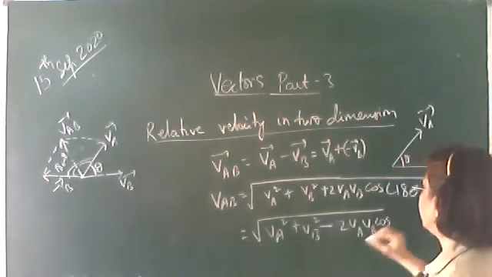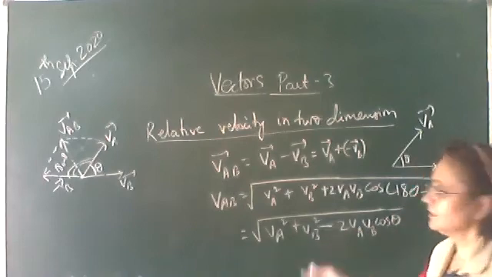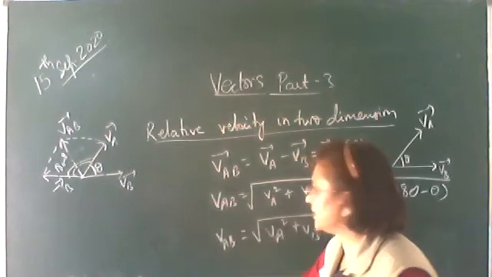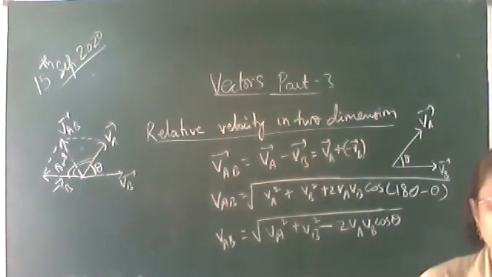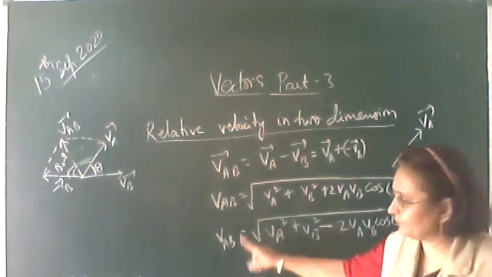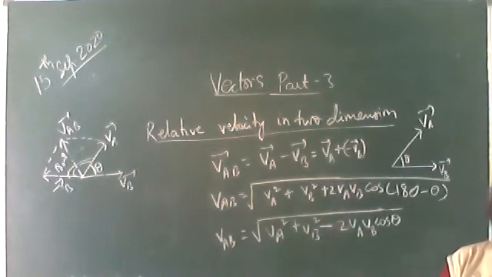This is the magnitude of the relative velocity of A with respect to B. VAB is equal to under root VA square plus VB square minus 2 VA VB cos theta. Okay, this is the magnitude of the relative velocity.